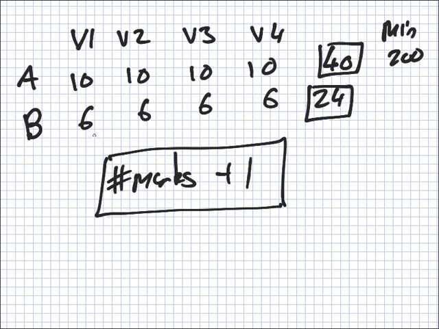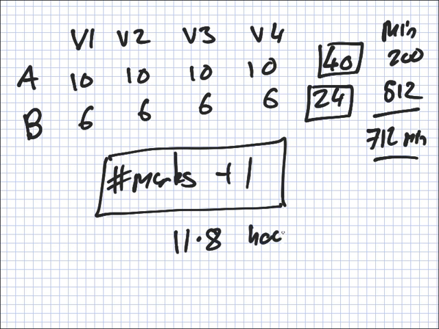So 6, 120. So that should be 2 hours plus 6 extra minutes. So 2 hours and 6 minutes. 126 times 4, 512. So that's 712 minutes. Ahmed, can you do 712 divided by 60, please? What's that? 11.8 hours. So that's 12 hours.